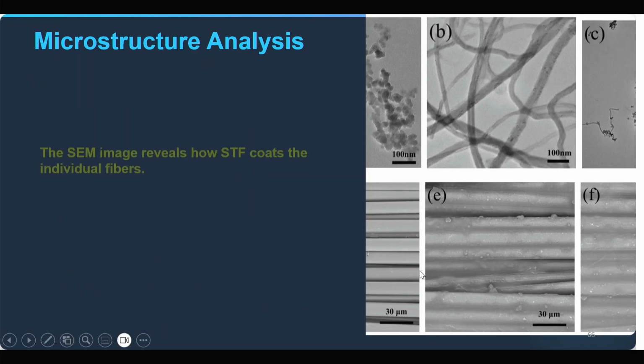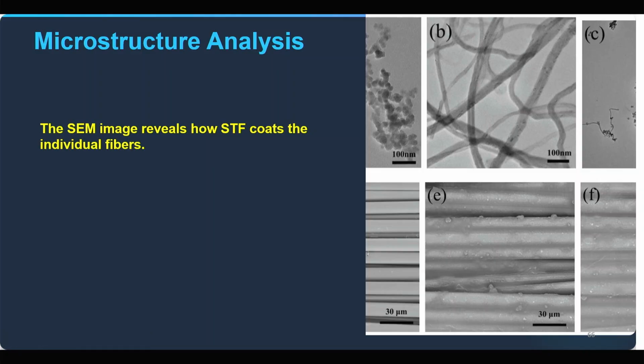If we see the microstructure here, this is the individual fiber without any STF, and here B is the fiber with STF impregnation, and this coating acts as a friction enhancer, which is also important.